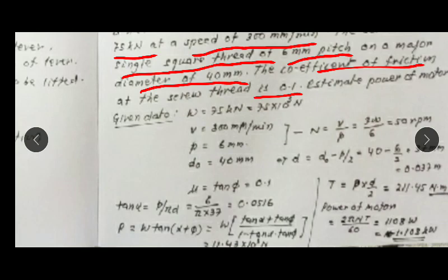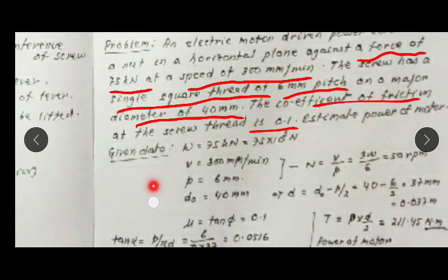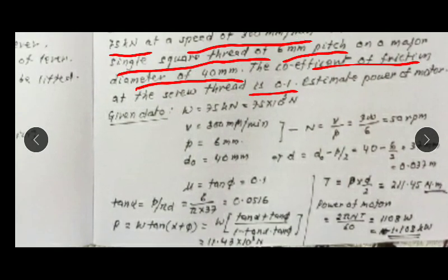Also given that DO equal to 40 mm, here major diameter is 40 mm. From this data DO and P, we can calculate d equal to DO minus P by 2. If instead of DO, DC is given, that is core diameter or minor diameter is given, then d equal to DC plus P by 2.